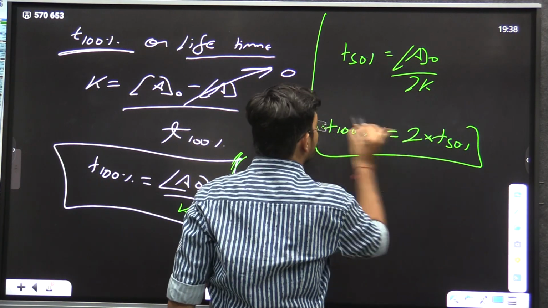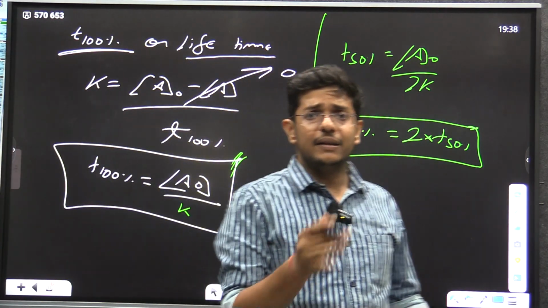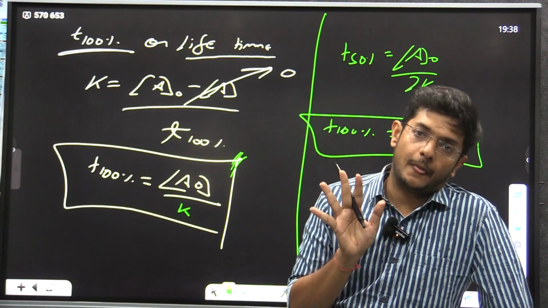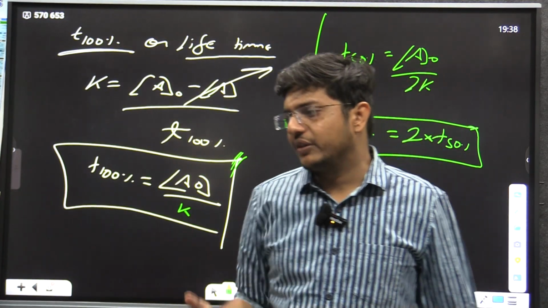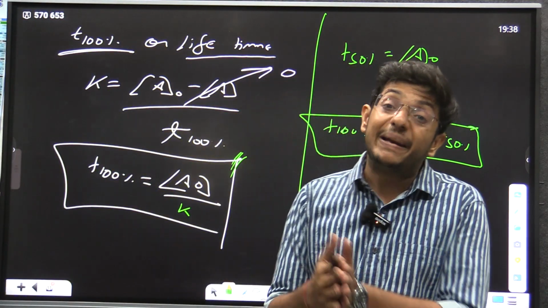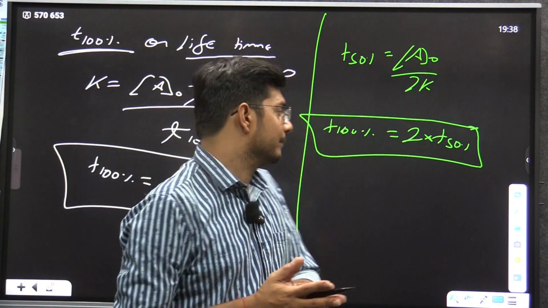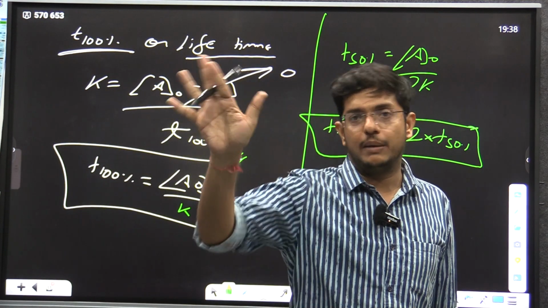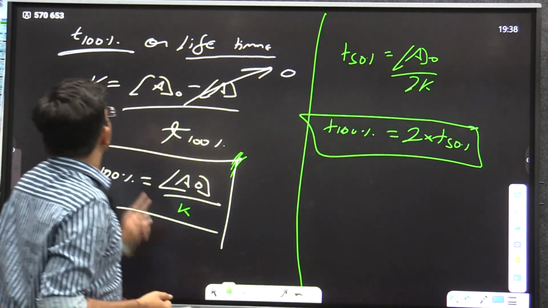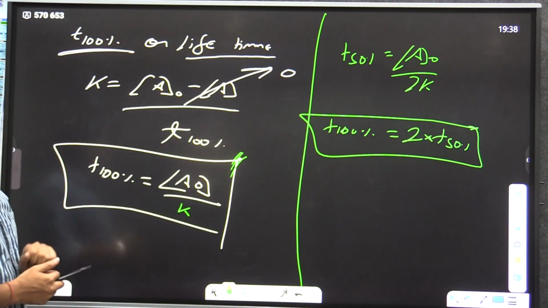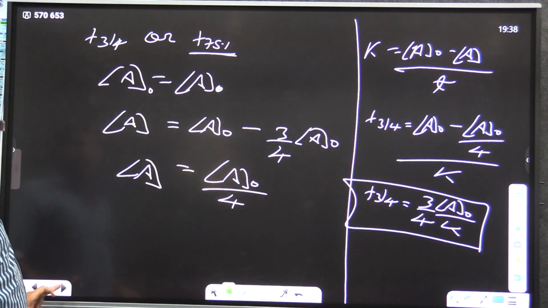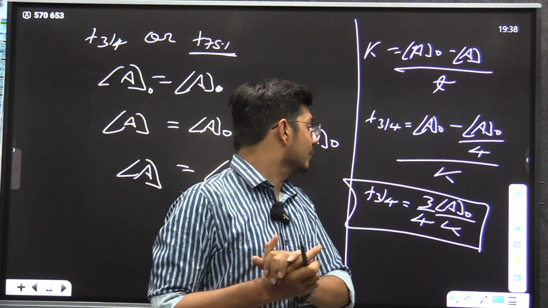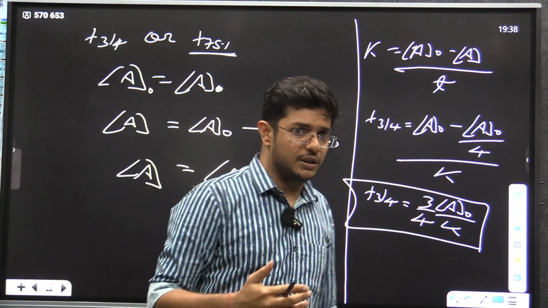But again, my dear, this is only valid for the zero order kinetics, because for first order or the rest of the orders we are assuming it is not complete over the period of time. Even the NCERT says the first order reaction will never go for completion. Okay, so this is the 100% life, or this is the half life, and this is 3/4 life. Okay, fine. I hope you will understand. We will go for the question after some time.